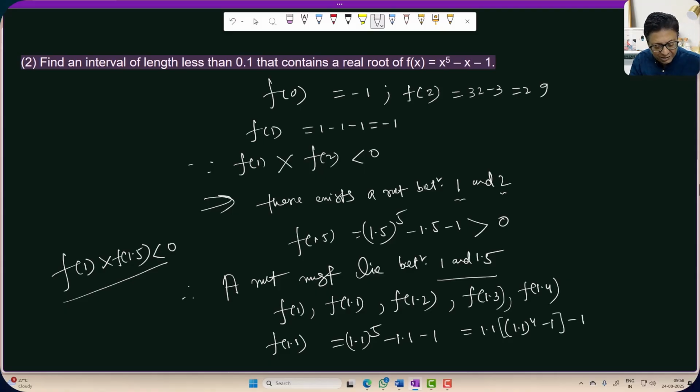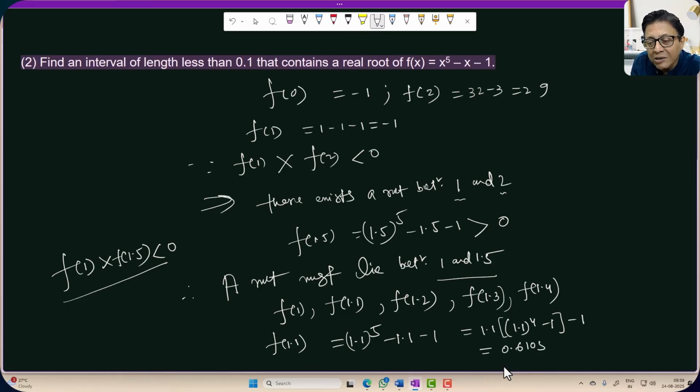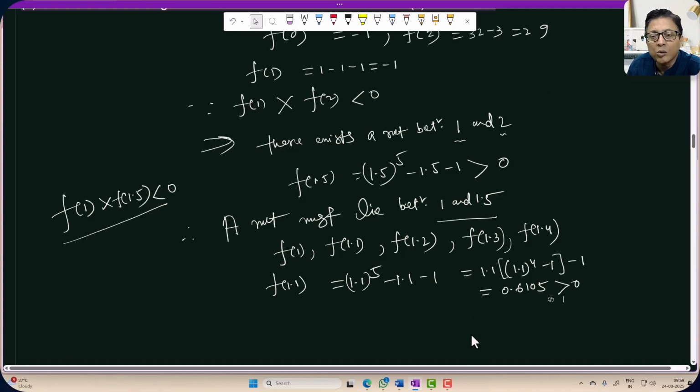Let me take the help of my calculator once, because the calculation will take a long time. This is becoming approximately 0.6105. This is greater than 0.